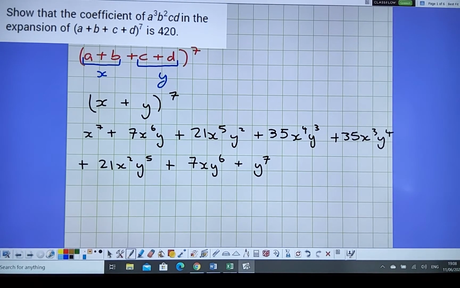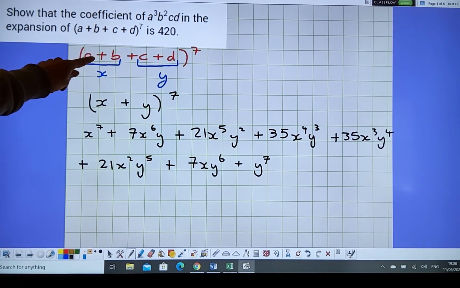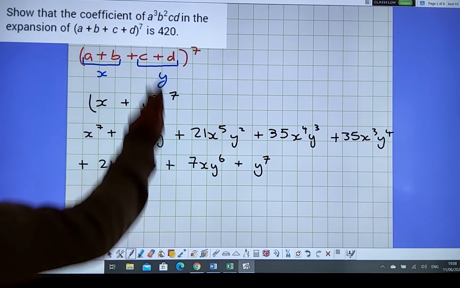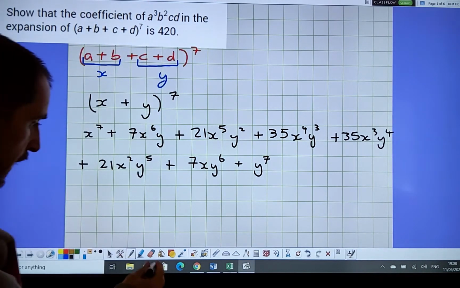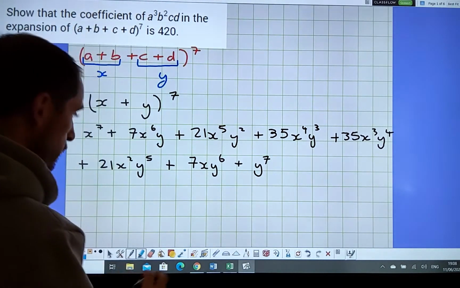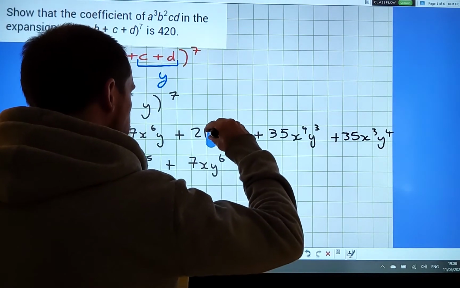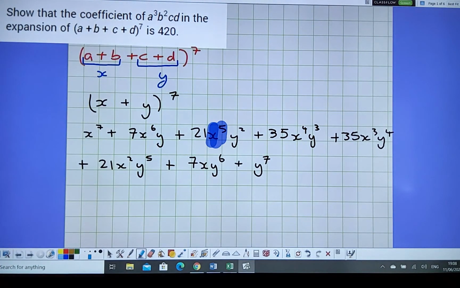Okay, so you're asked to show that a cubed b, now remember we've let a plus b equal x. So a cubed b squared, 3 plus 2 equals 5. So we have here x to the power of 5.